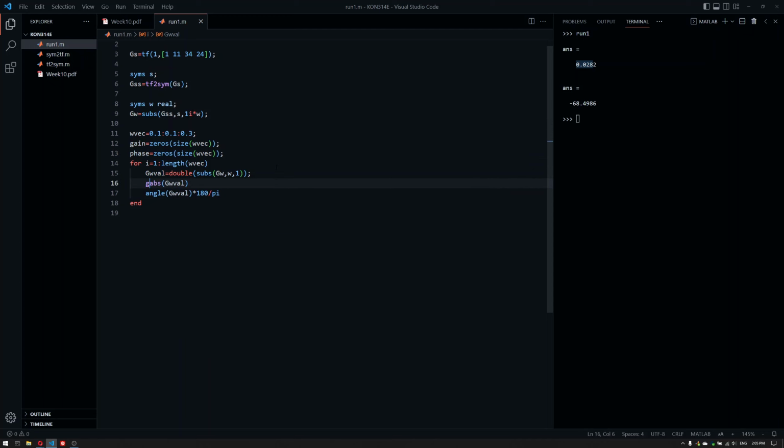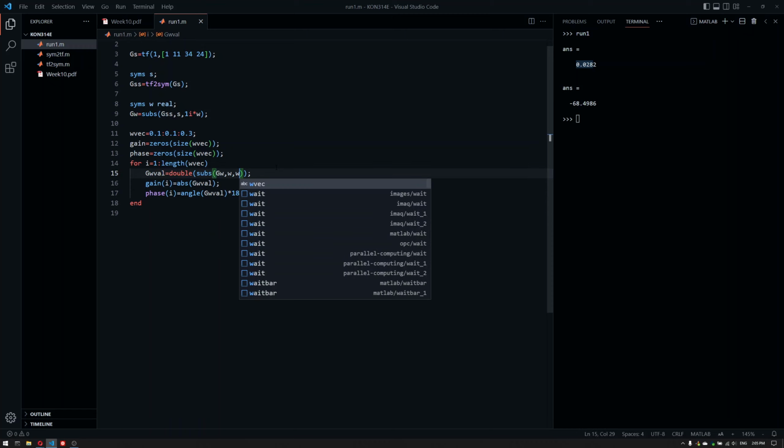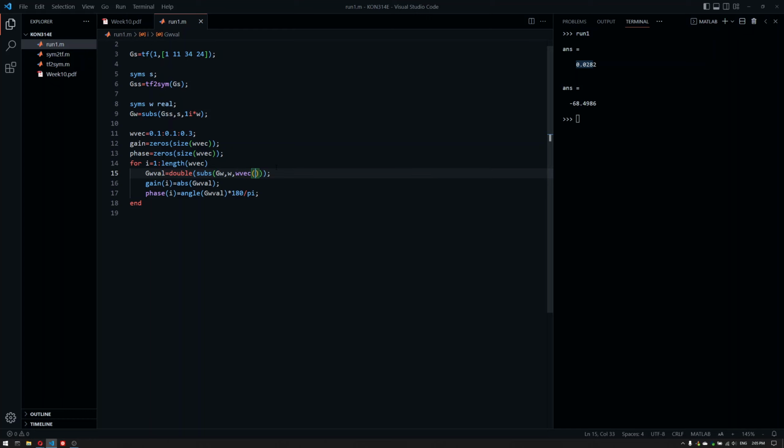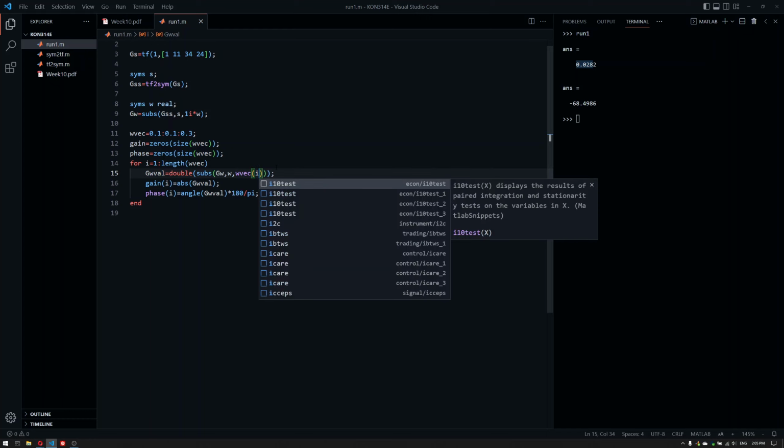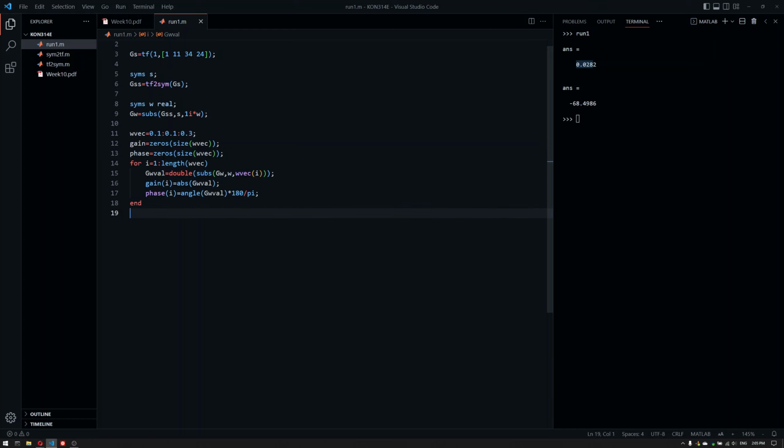So when we calculate this, I'm just going to save it into the ith value here. And I'm going to do the same for phase. There we go. Of course, this will be omega vec i. So let's run this.